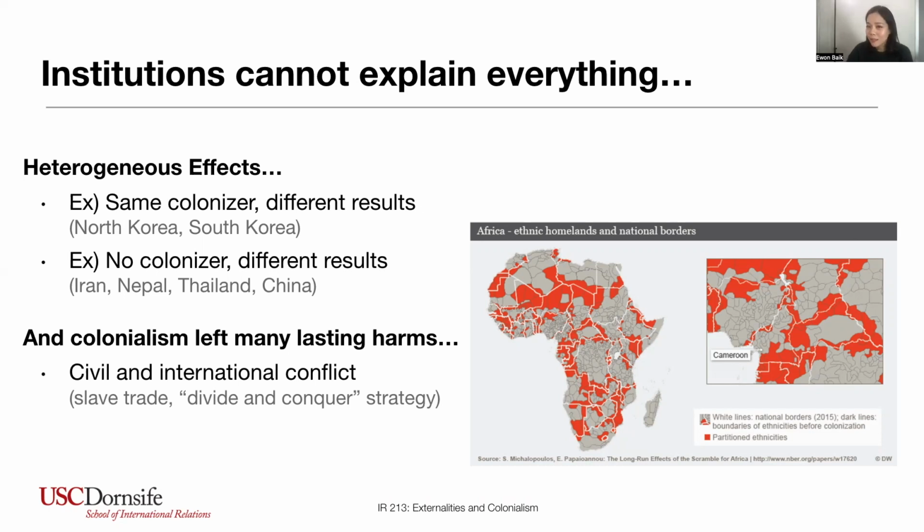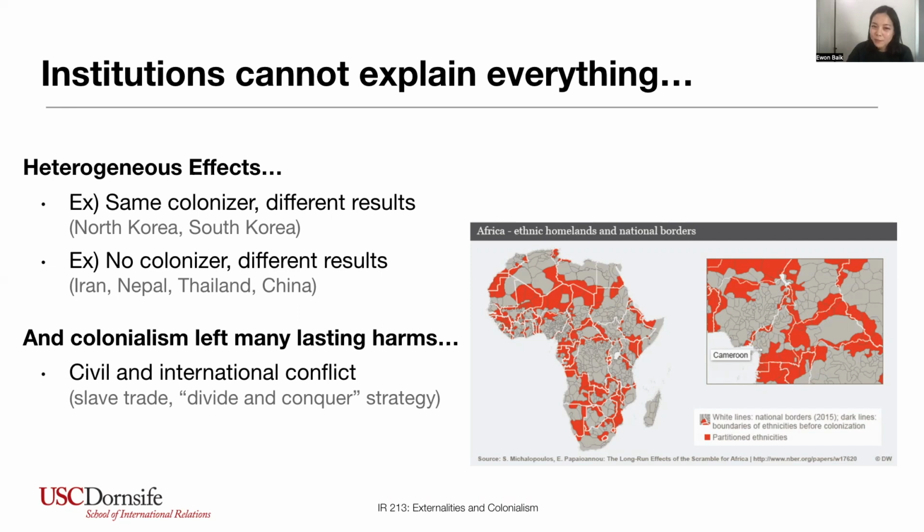Arbitrarily separating ethnic groups. And then within colonial borders, these European powers utilized the divide and conquer policy, which meant deliberately keeping religious groups and ethnic groups divided to better control them, encouraging resentment and conflict between these groups.